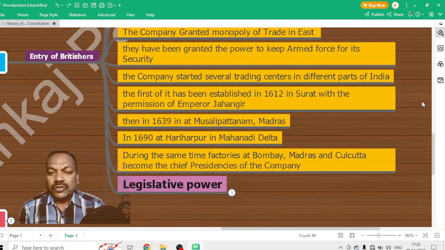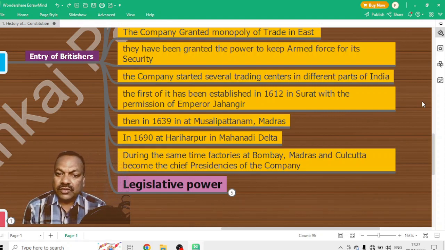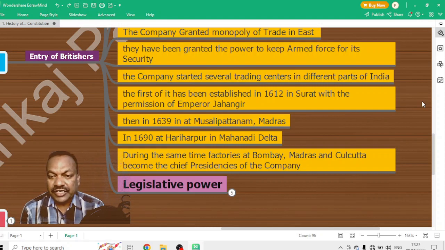Then another setup was established in Masulipatnam, Madras in 1639, and the third one at the Mahanadi Delta at Hariharpur in 1619. So 1690 is such a phase from where the number of establishments increased.